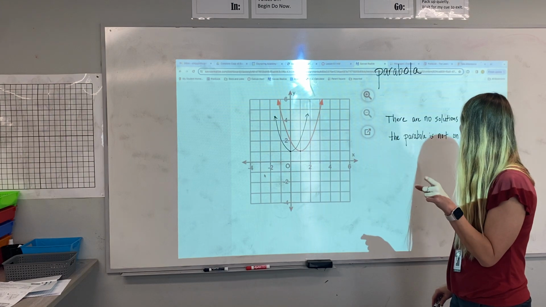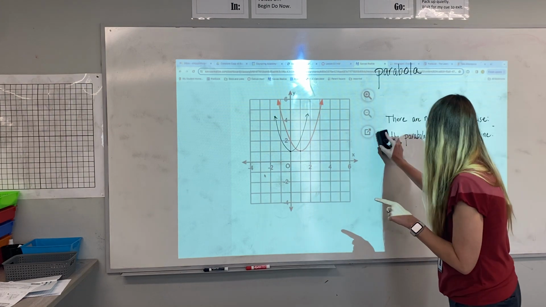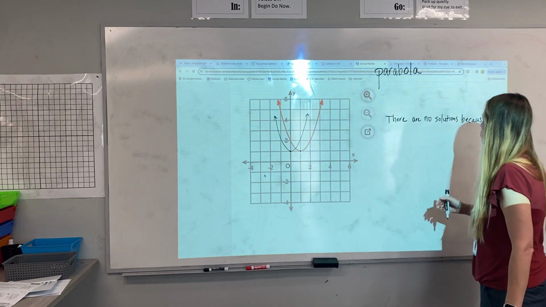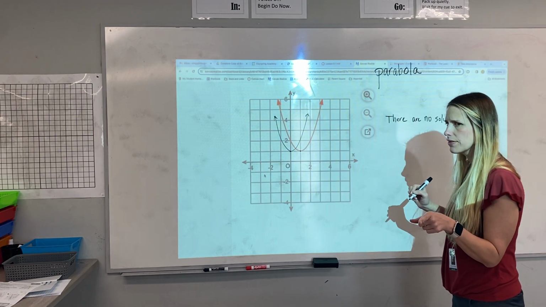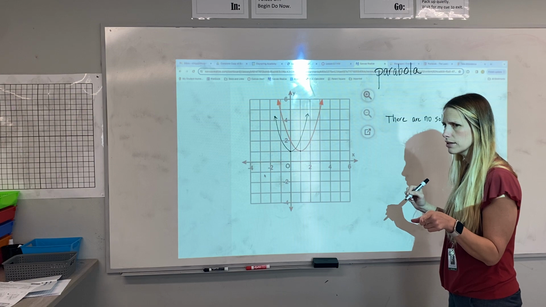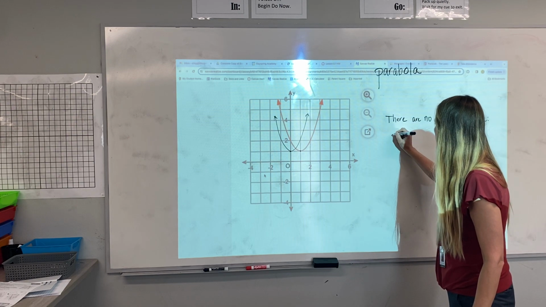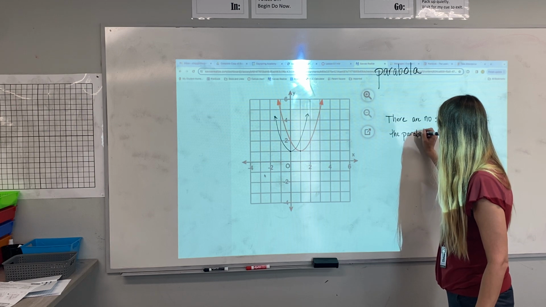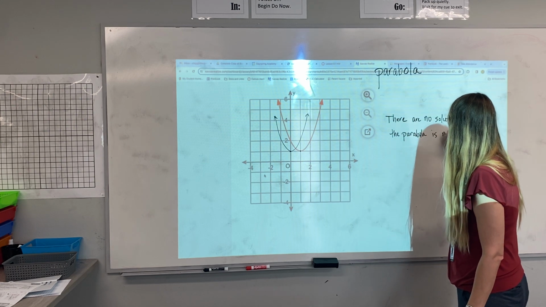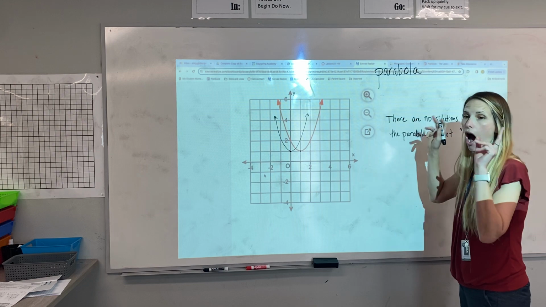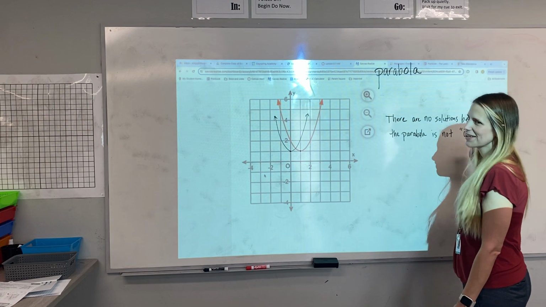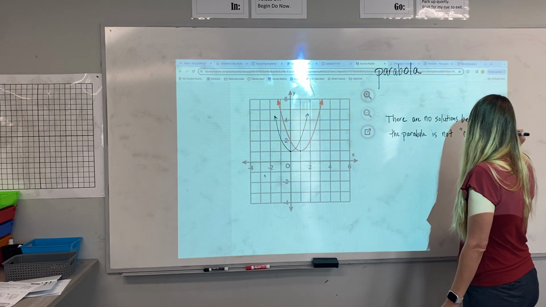Emily said there are no solutions because it's not on the x-axis, right? She said because the parabola is not on the x-axis.